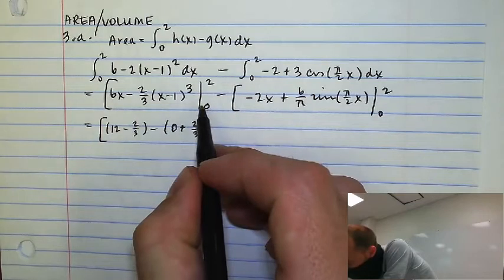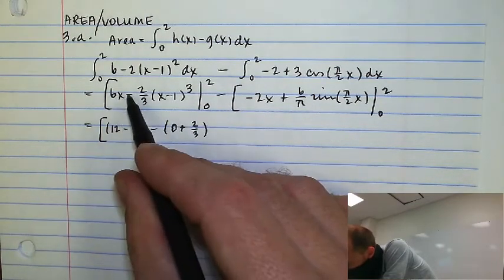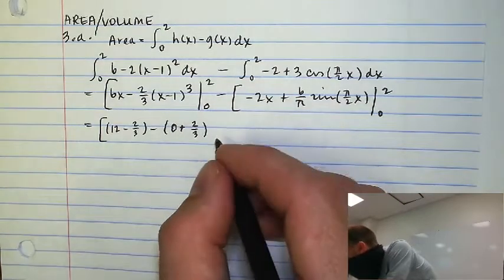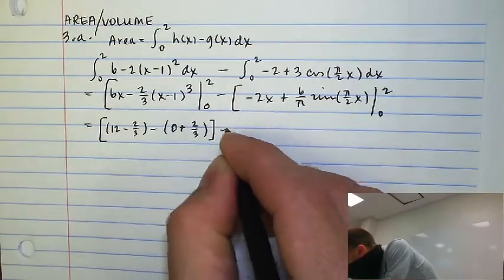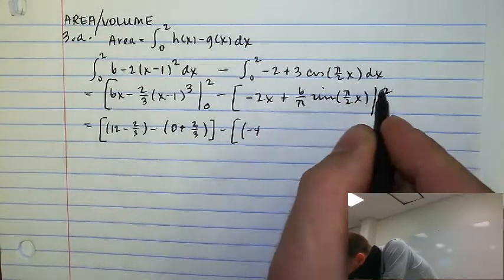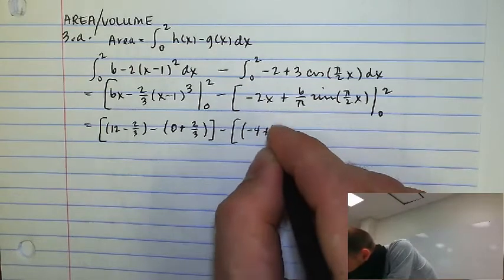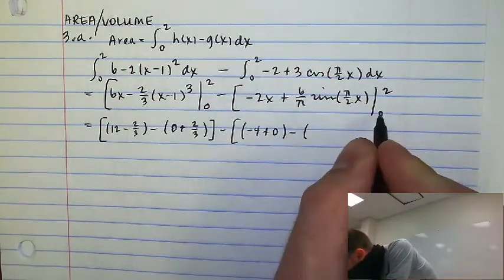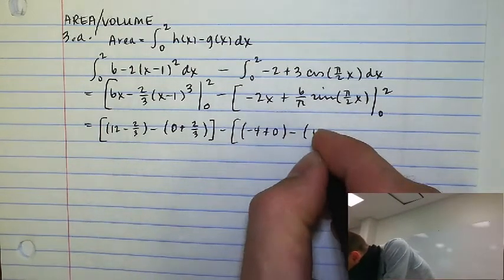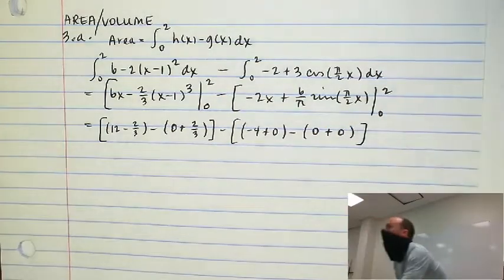Make sure that's true. 0 minus 2/3 times negative 1, yeah. Minus, and then over here I'll have negative 4, and then sine of pi is 0. Minus, and then when x is 0, I'll have 0 plus sine of 0, also 0, and that's going to be where I'm going to stop.